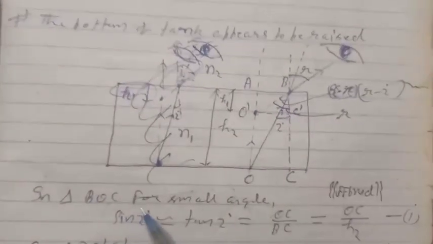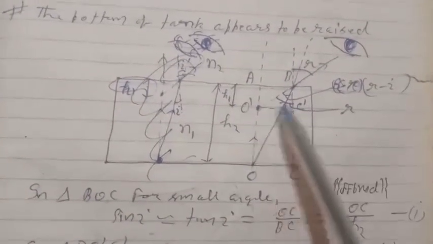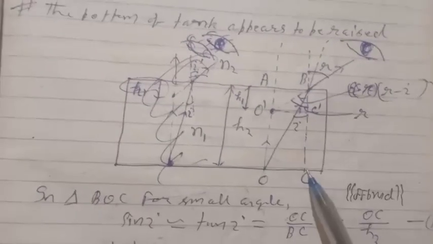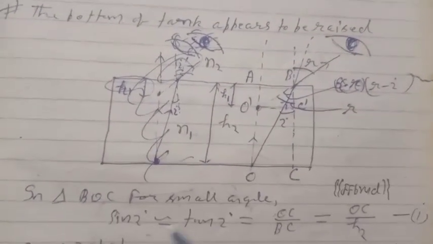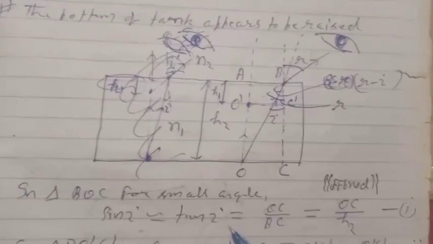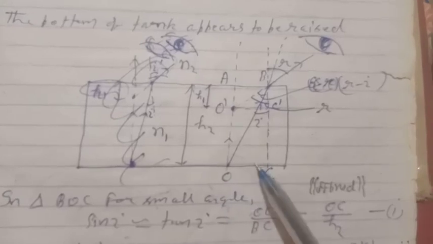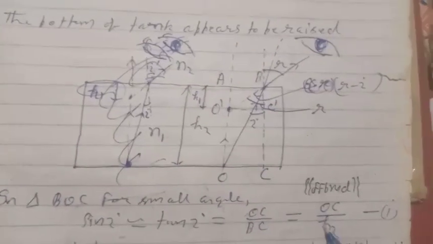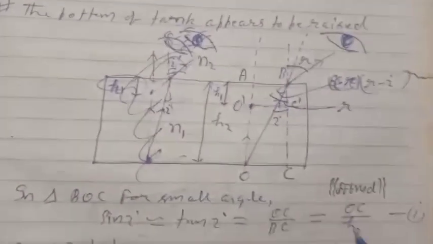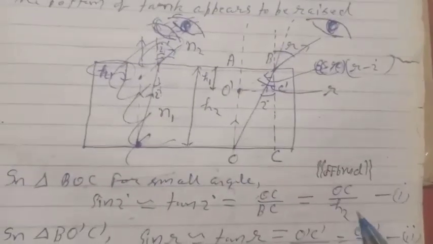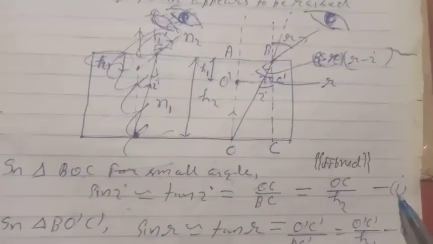Now in triangle BOC, sin I is equivalent to tan I, because I is very small. So OC by BC equals OC by S2, because we have taken the thickness of the tank as S2. This is equation 1.